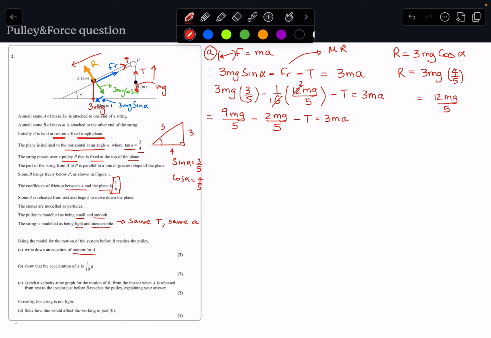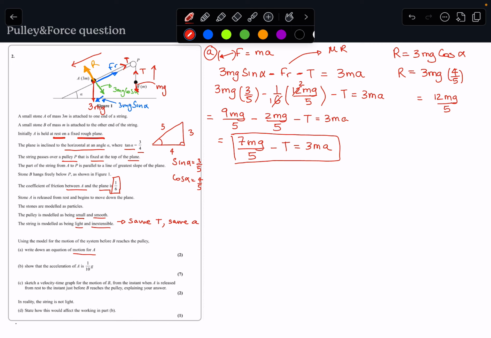So I can now simplify this down to 9 mg minus 2 mg over 5, and therefore this simplifies down to 7 mg over 5 minus tension is equal to 3 MA. So this is my equation of motion for A.